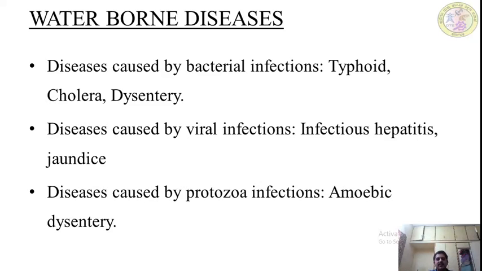Diseases caused by protozoa infections are amoebiasis or amoebic dysentery. We have to take special care of waterborne diseases, to prevent the spread of epidemics. Special care has to be taken in case the epidemic persists.